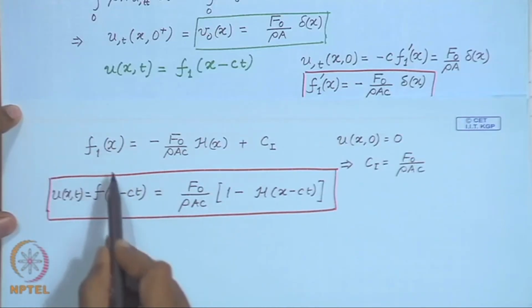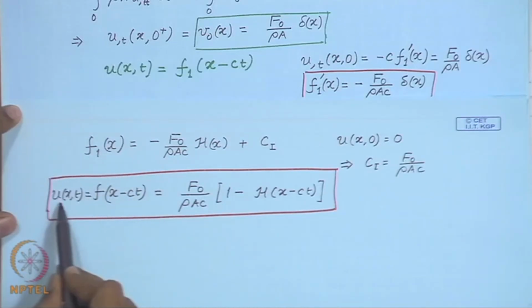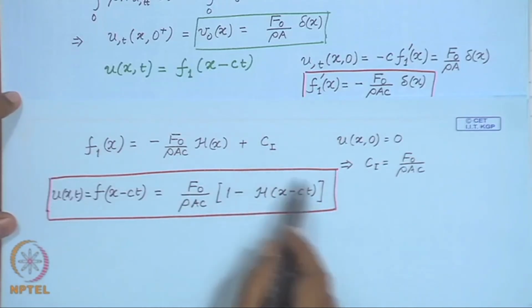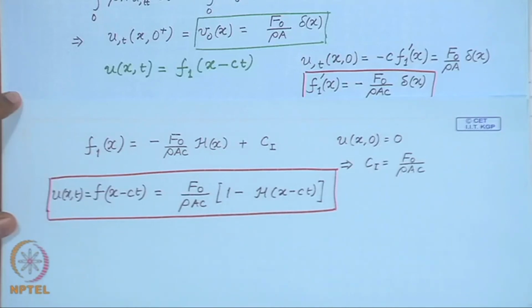We have replaced x by x minus ct, and that is u(x,t). By substituting this here and finally replacing x by x minus ct, I obtain this wave field.